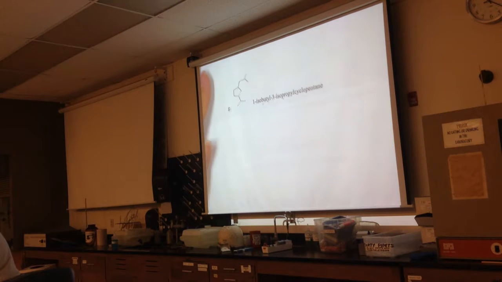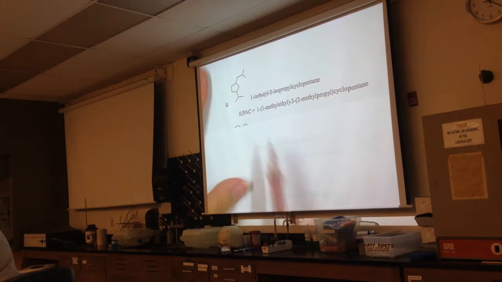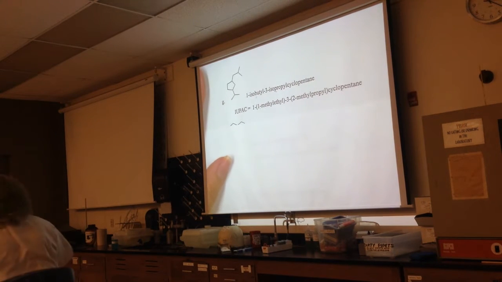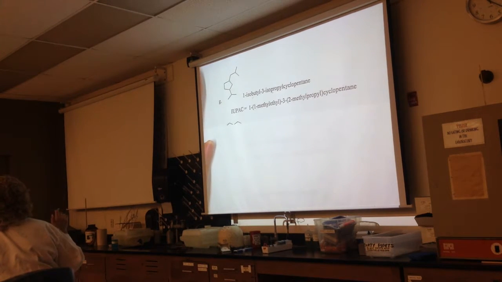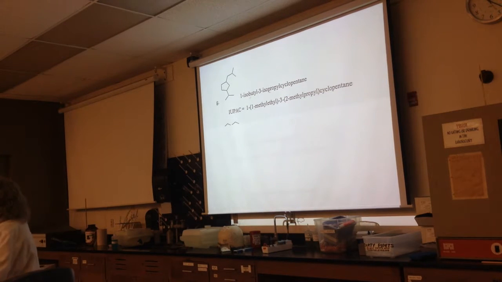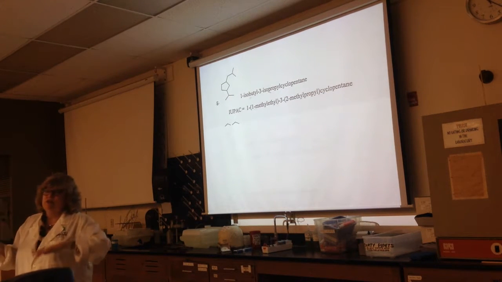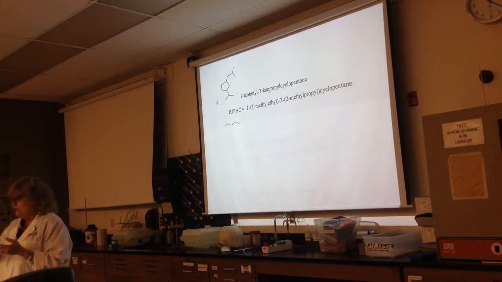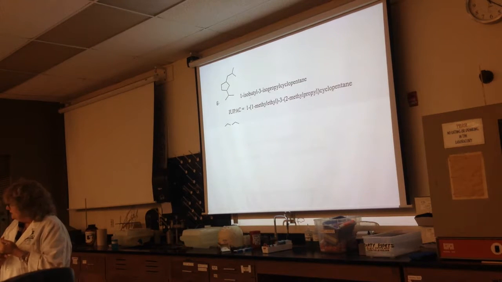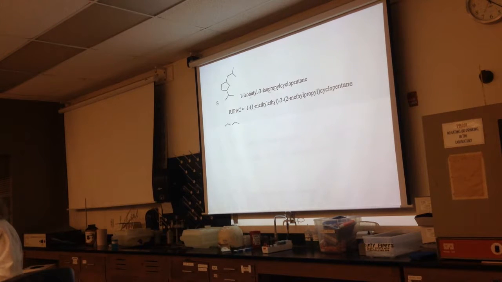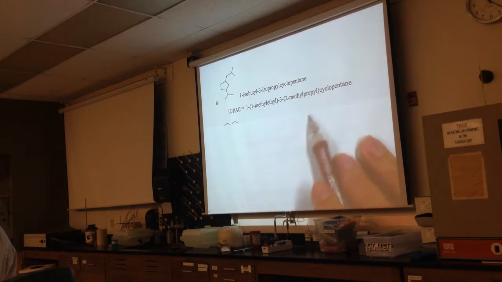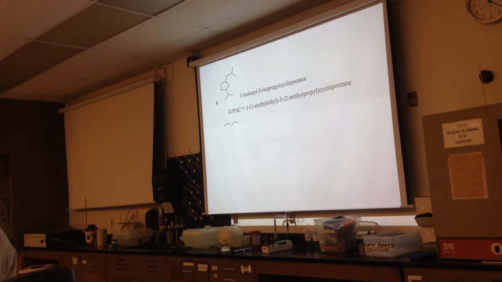Alphabetically, methylethyl would be first, so that becomes number 1 because the numbers were equal. They would be 1-3 or 1-3. So the new nomenclature switches the order, and the correct name is 1-(1-methylethyl)-3-(2-methylpropyl)cyclopentane.